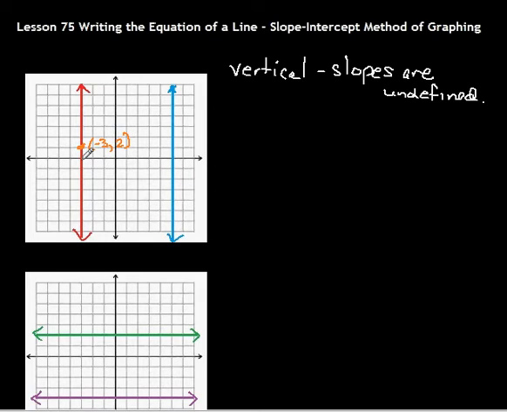If we found another point, we could get -3, 5. You would notice quickly that every point on this line, the x-coordinate is -3. So the way you write an equation for a vertical line is you would say x equals -3. That's all there would be to writing an equation of a vertical line.